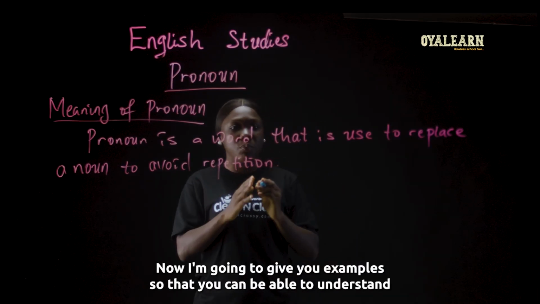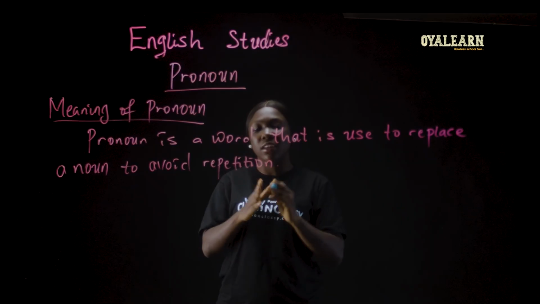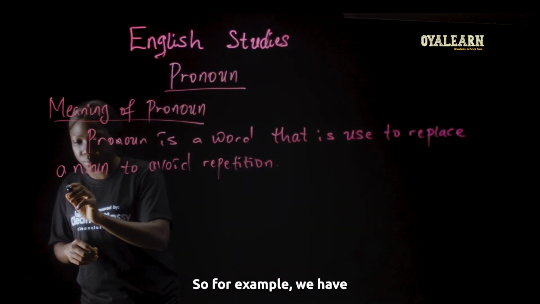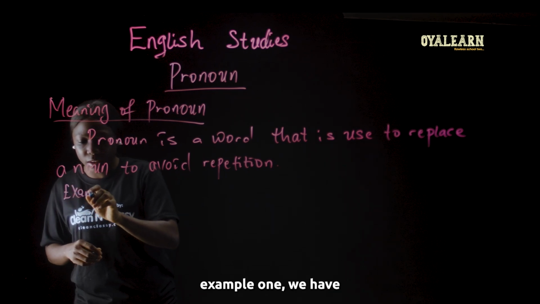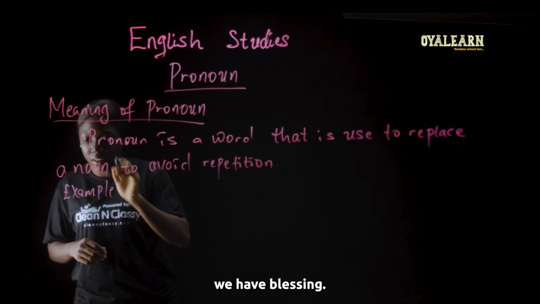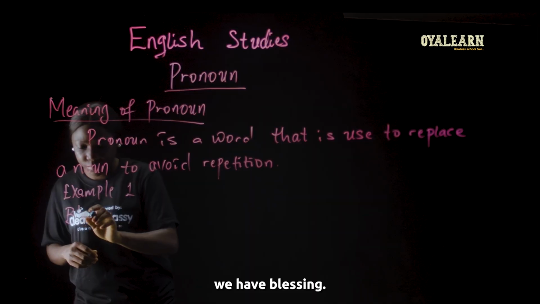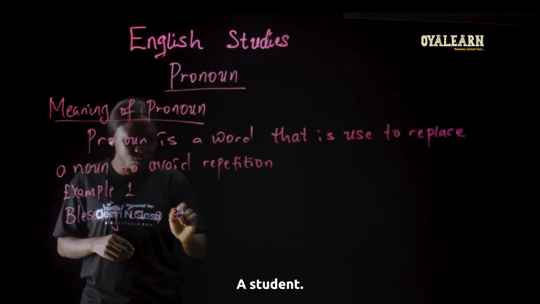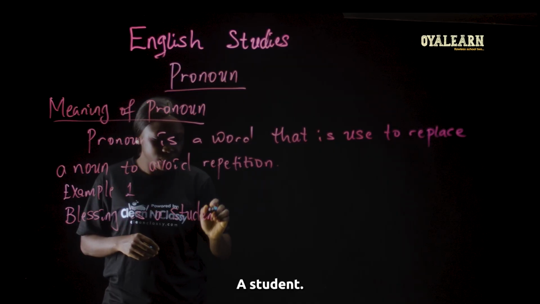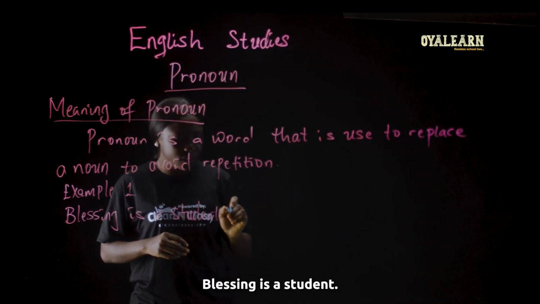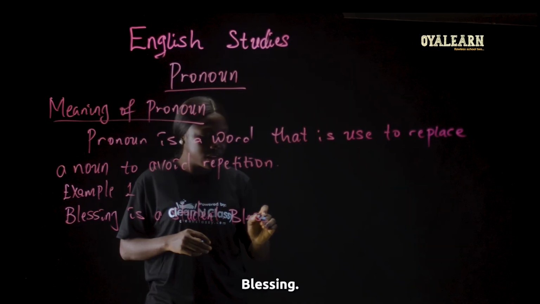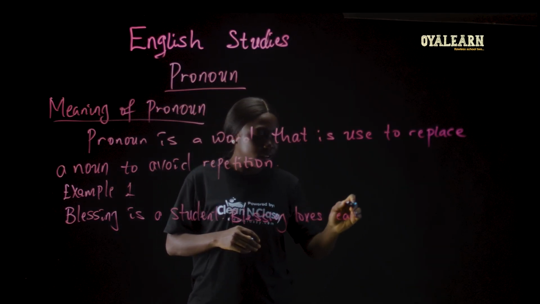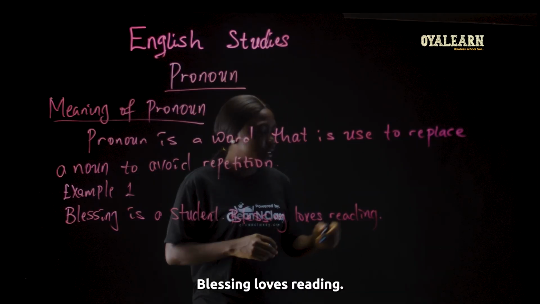Now I'm going to give you examples so that you can understand what I just said. So for example, we have example 1. Blessing is a student. Blessing loves reading.